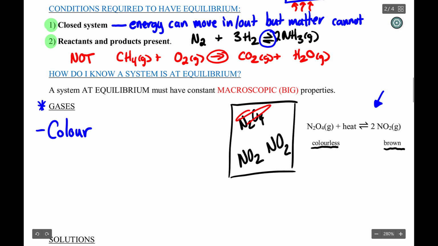And so this would start to become less and less brown, more and more orange, and then maybe eventually almost completely colorless. So I can use color to do that. The other thing I could use is pressure.